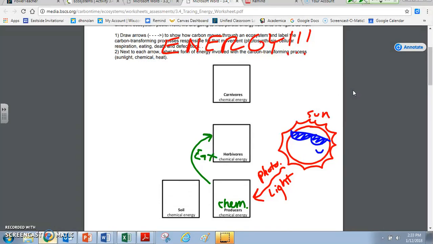The herbivores can eat that chemical energy, and it remains chemical energy. It's not like it's anything else. When that food energy shows up in the herbivores, it is still chemical energy. Now, those herbivores can in turn be eaten by carnivores. Again, they can be eaten, and that still is chemical energy that shows up in the carnivores.